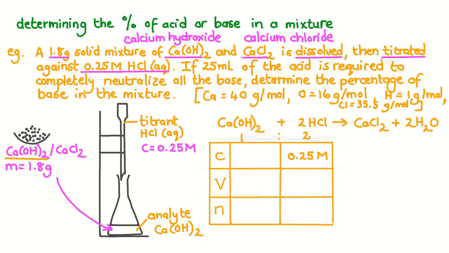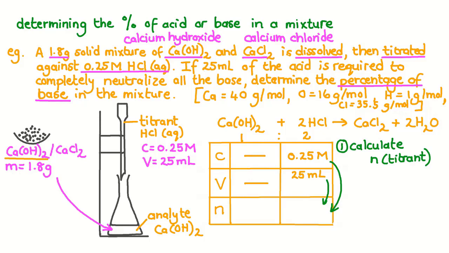The concentration of the titrant is 0.25 molar, its titer value is 25 milliliters, and that's all the information we know. In this example, we are not asked to calculate the concentration of the analyte, and we are not told the volume of the analyte. We are asked to determine the percentage of analyte in the original solid mixture. There are 4 steps to this calculation. Step 1.